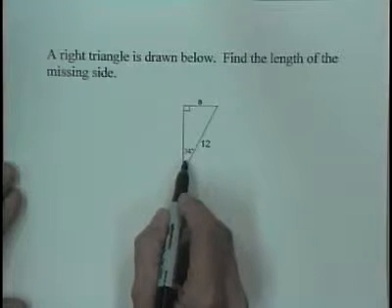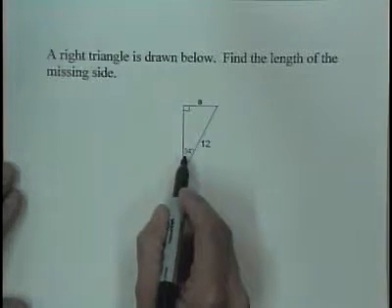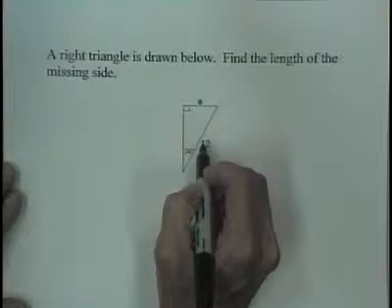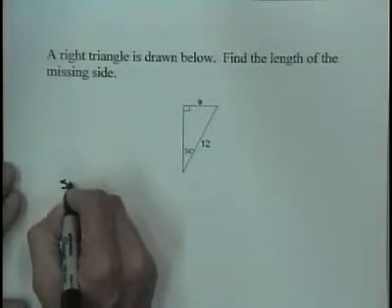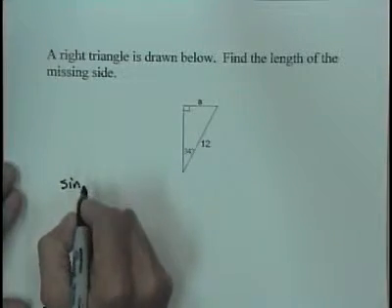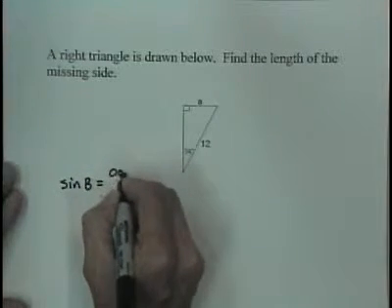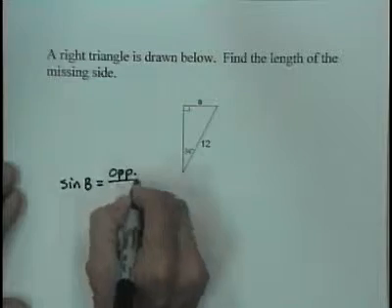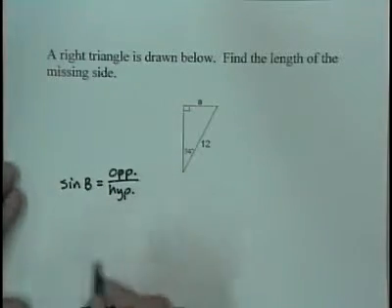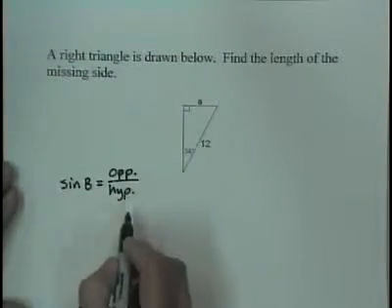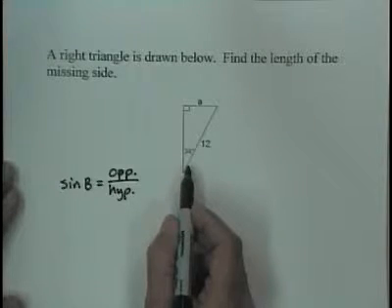The particular trig function that fits with an angle, the side opposite, and the hypotenuse is the sine. The sine of an angle, let's call it angle B, is the ratio of the opposite side divided by the hypotenuse.